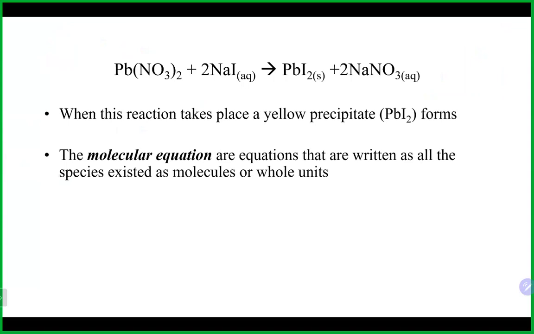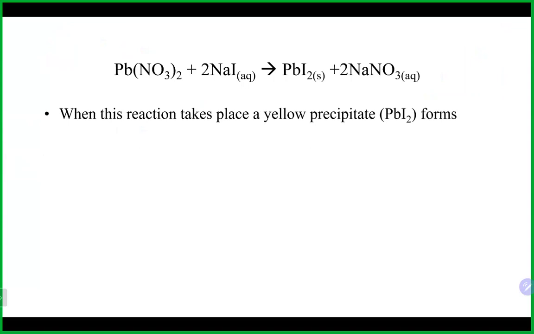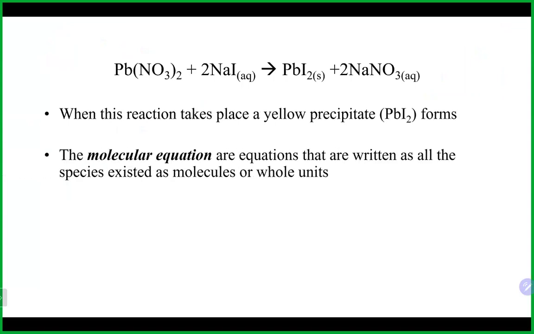So if we take a look at this reaction, which is essentially the reaction we're going to do next week, I think. We take lead 2 nitrate and sodium iodide. And we know this is a double displacement because this is an ionic compound and this is an ionic compound. And as soon as I know that, I know this is a double displacement reaction that's taking place.